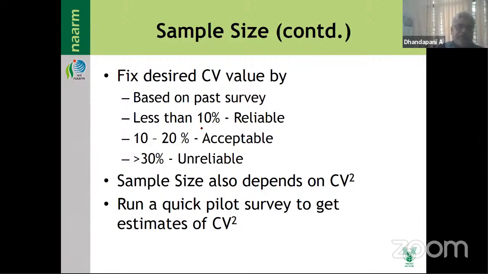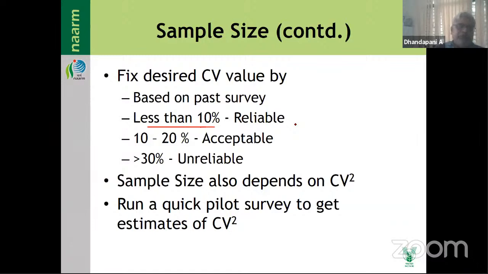Typically this is a basic thing they use: if in any survey you conduct, the estimated CV of the important population parameter is less than 10%, the estimates are considered highly reliable. 10 to 20% is acceptable, and more than 30% is unreliable. Another thing is, in any survey you may have several parameters you want to estimate.